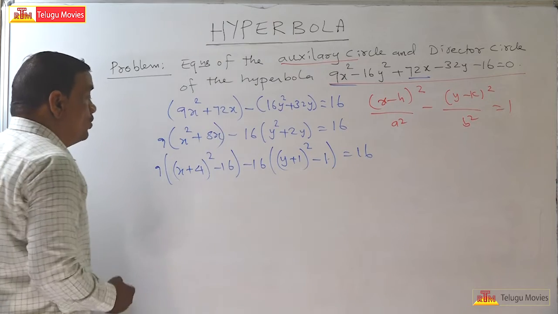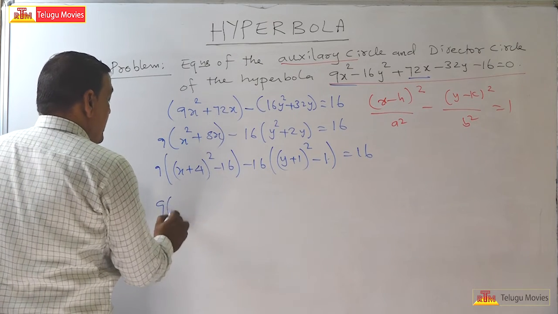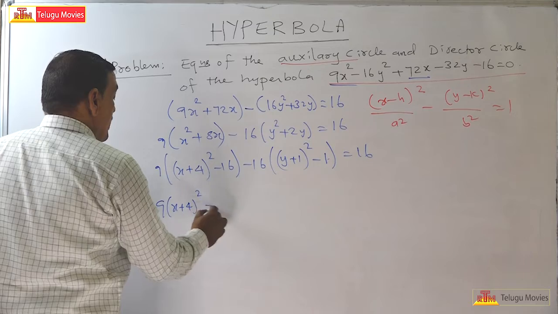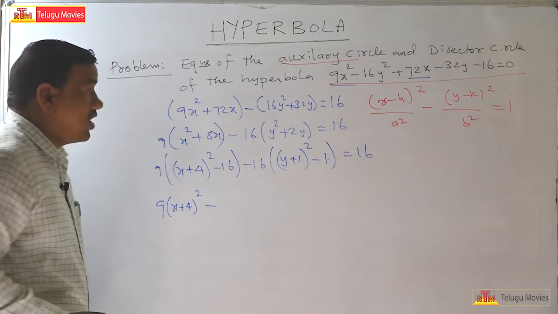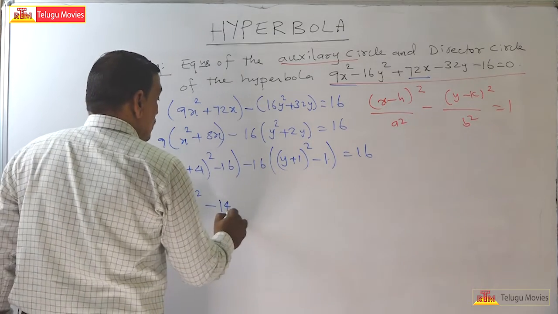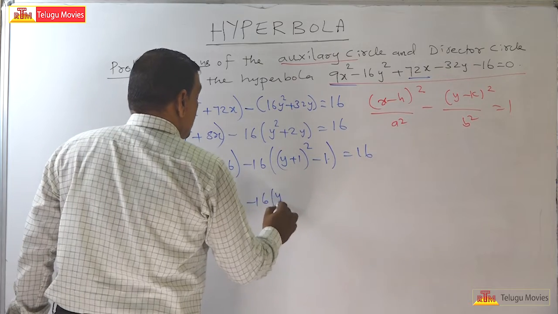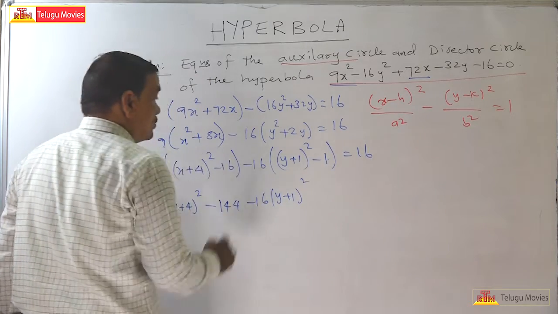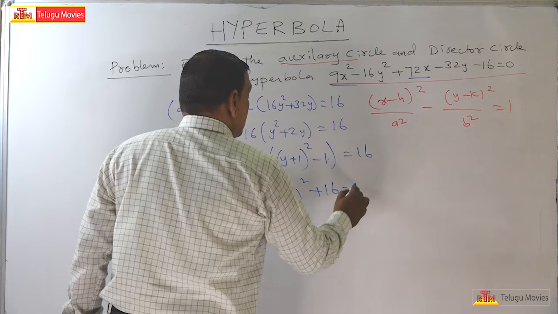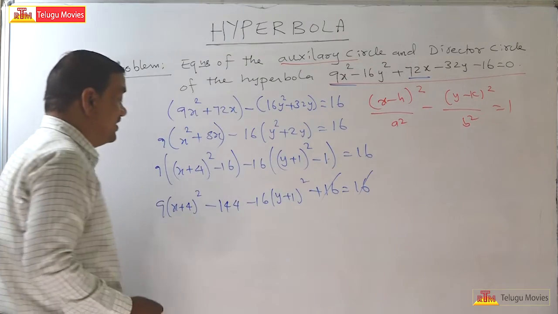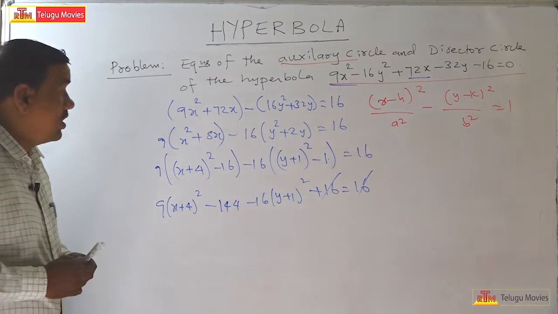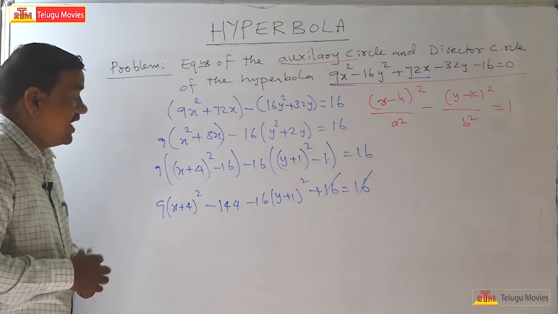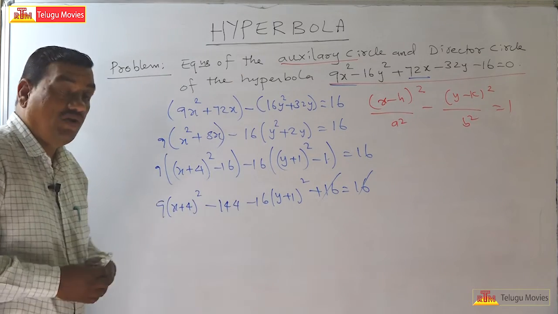Now you multiply inside. So this is equal to 9 times x plus 4 whole square, minus 16 into y plus 1 whole square, equal to 16 plus 144 minus 16, where 16 minus 16 cancels. Take 144 to the other side and divide by 144, since 9 16s are 144.